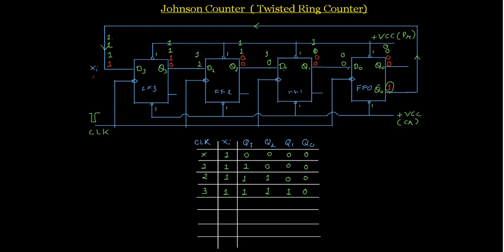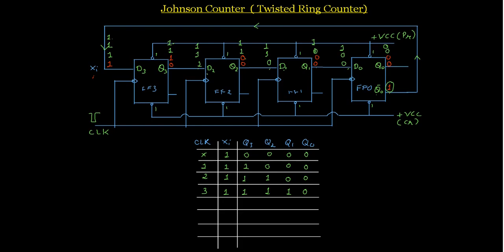Now let's see what the inputs of the different flip-flops are at the end of this. Q3 is 1, so the D2 input is also going to be 1. Q2 is 1, so D1 is also 1, and Q1 is 1, so D0 is also going to be 1 and this one is appearing here.